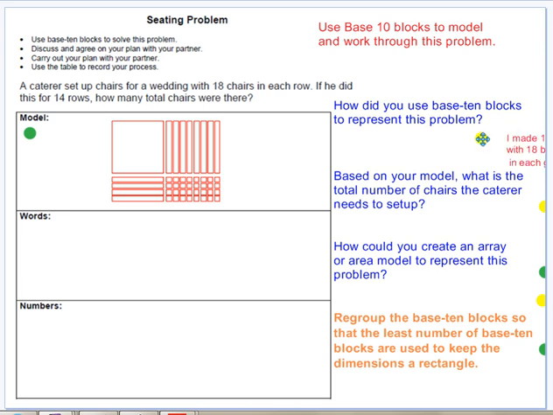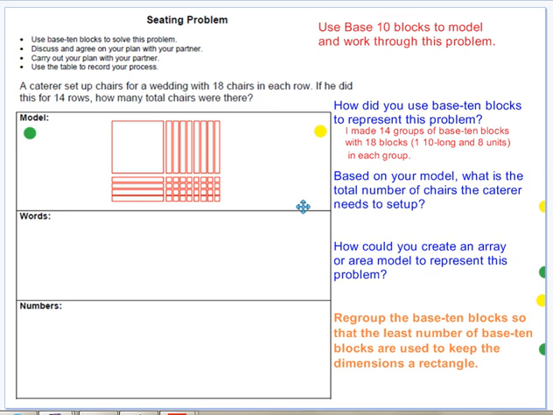So you could have done this: I made 14 groups of base 10 blocks with 18 blocks, 1 10 long and 8 units in each group. So we could have done that, like this, 1 10 long and then 8 down at the bottom. That's one way to represent our problem.